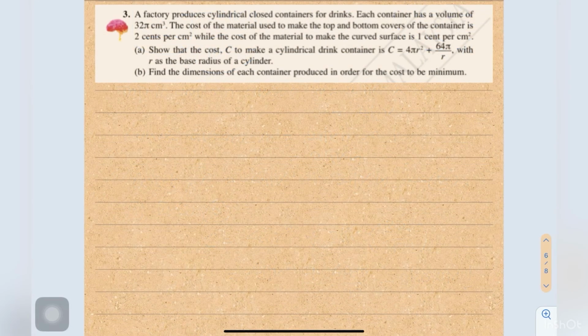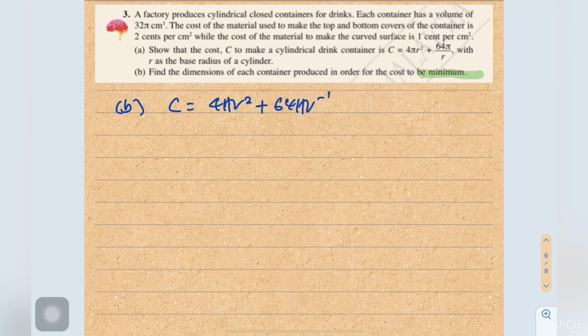Then 3B, you have to find the dimensions of each container produced in order for the cost to be minimum. Okay, so to be minimum, the word is minimum, so we have to differentiate and equate to 0. Okay, so for B, we have C equals 4 pi r squared plus 64 pi r to the power of -1. So then we differentiate C in terms of r.